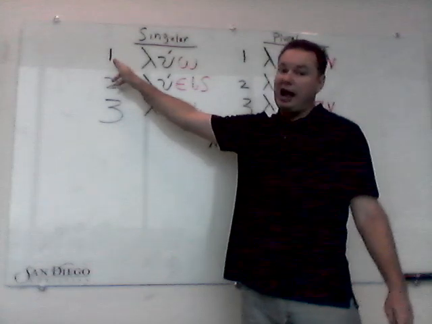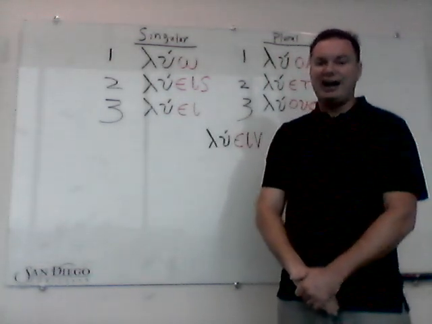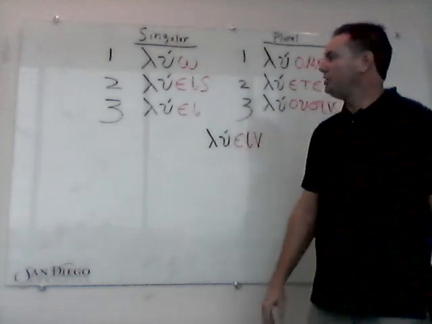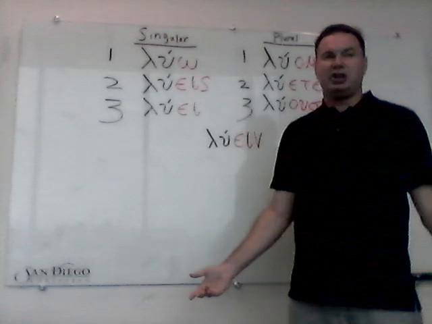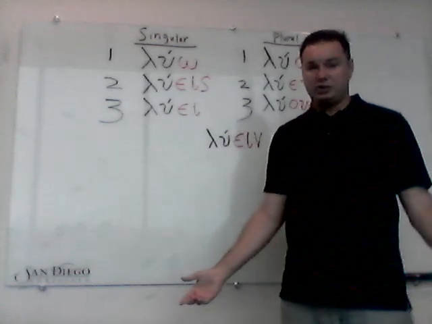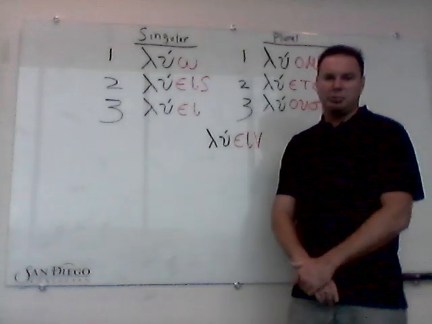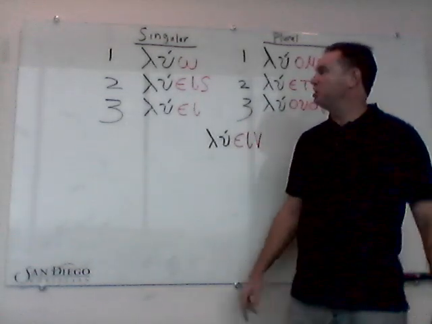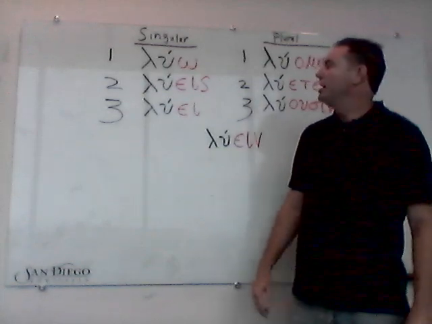First person singular, I should say, is I. So notice that the I is built into the verb. We do have separate personal pronouns in Greek sometimes that we use, but we don't need them because these personal pronouns are built right into the verb.